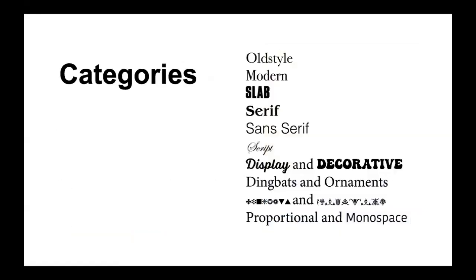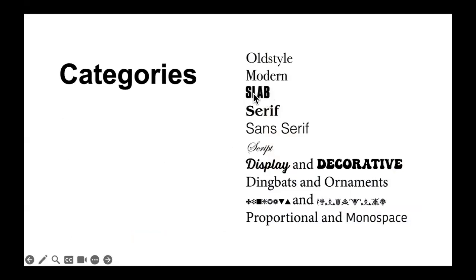I want to tell you about the different categories. Of course, we start with old style. Here's a modern. You can probably tell just by looking, because if you've ever seen a fashion magazine, they're more likely to use something like this. And then slab is just exactly what it sounds like.